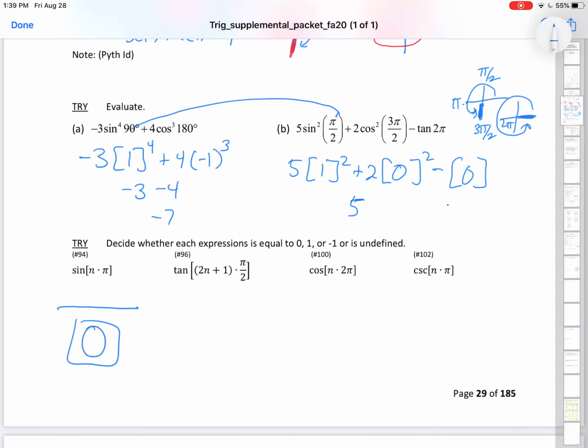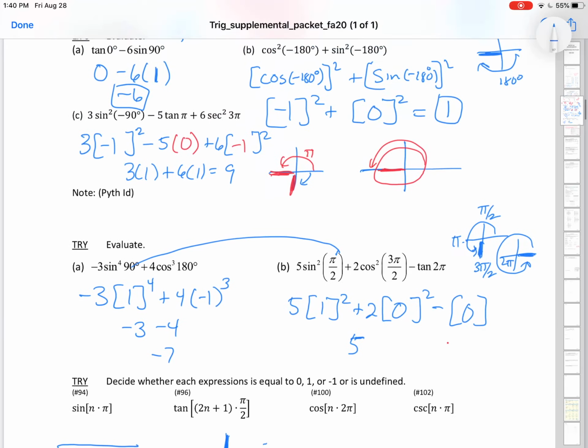Tangent of odd number pi's, right? 2n plus 1 puts us at odd number pi's. So that's here and here. So tangent corresponds to y over x. Well, our x is going to be 0 on either one of those two lines, and because it's y over x, we are going to be undefined because our x is 0.